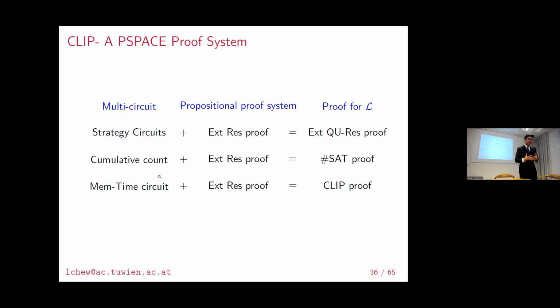So it turns out that for any PSPACE language, you can get a multi-circuit that calculates the memory over time of some algorithm that runs using polynomial space. And the memory is always going to be less than polynomial, right? Then you can confirm it inductively with extended resolution, and you end up with a proof system that has all these nice properties that we have in QBF as well.